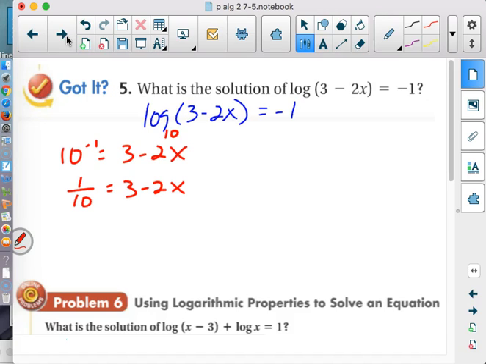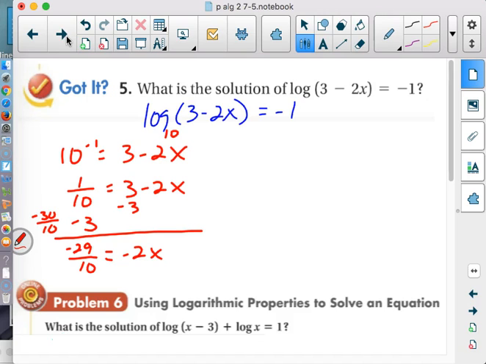Or you can certainly do it on your calculator. 10 to the negative 1 will come out as 0.1. All right, then we subtract 3. And we think, okay, if I had to do this by hand, which you don't, grab a calculator for it. 3 tenths would be negative 30 tenths. So this will be negative 29 tenths equals negative 2x.